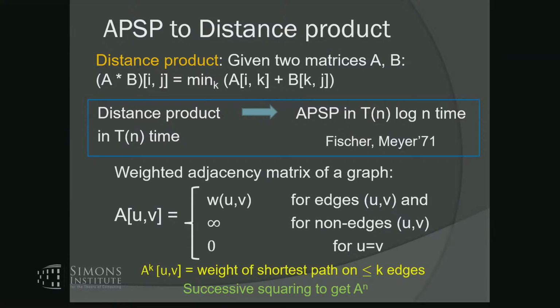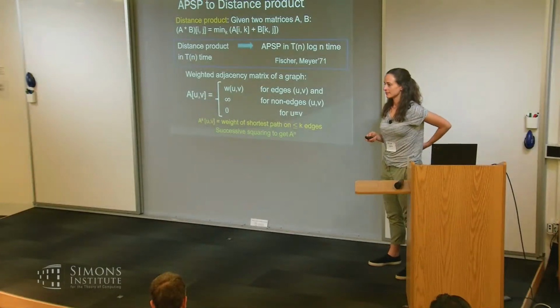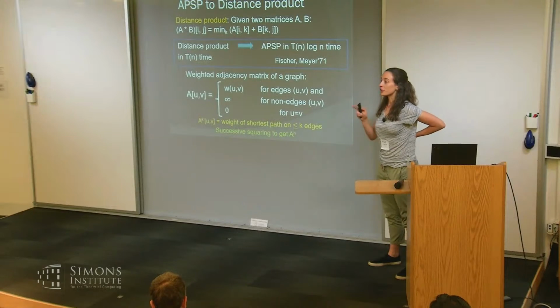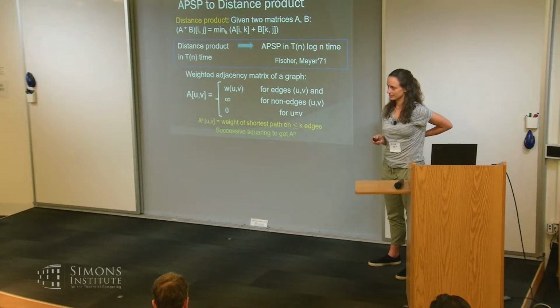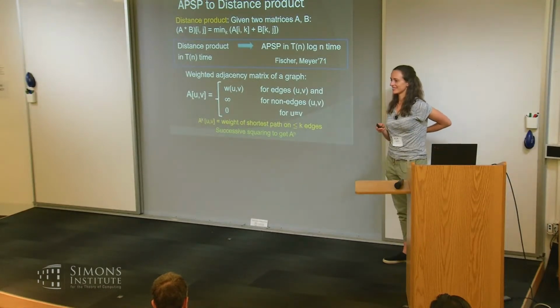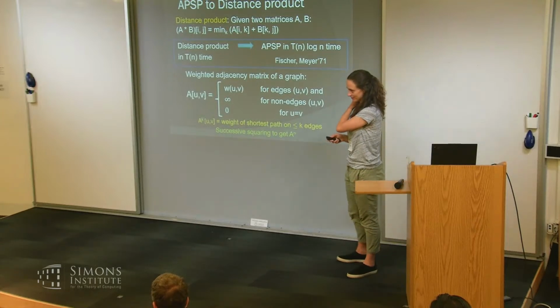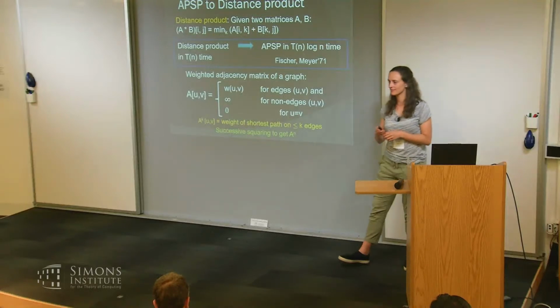Just to conclude, it means that if I can solve the distance product in better than cubic time, then I can solve APSP also in better than cubic time. Yes. Okay, thank you. And this is matrix multiplication over the tropical semiring. Yes.